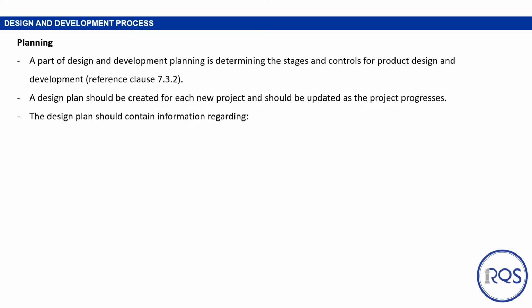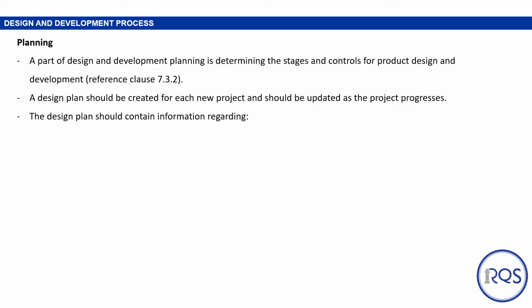We will now discuss the different phases of the design and development process. The first stage is planning. A part of design and development planning is determining the stages and controls for the product design and development. This is referenced in Clause 7.3.2. A design and development plan should be created for each new project and should be updated as the project progresses.